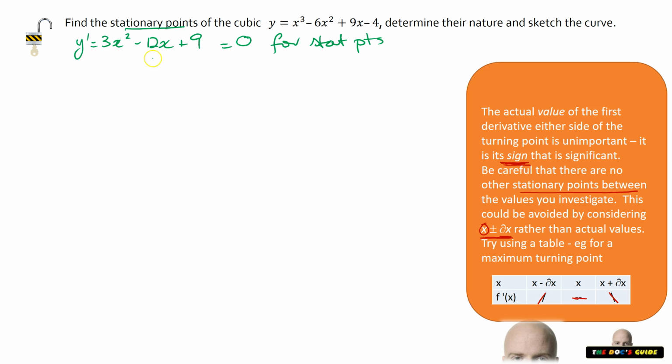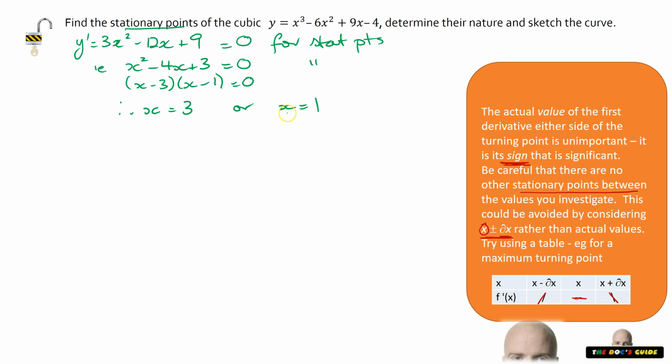In this case, if we divide through by 3, that will make life easier. So we want x squared minus 4x plus 3 equals 0, which means that x minus 3, x minus 1 has to equal 0, and therefore we have our stationary points when x equals 3 or x equals 1.